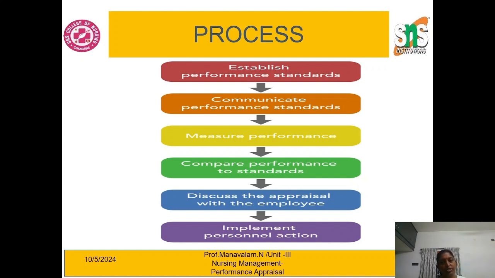And also specific, what we assess, that specificity is very much essential. The report must be consistent enough. Whatever matters we have written must be based upon facts. Only a true report must be there. And also we have to write both positive and negative reports. So that is called measuring the performance.